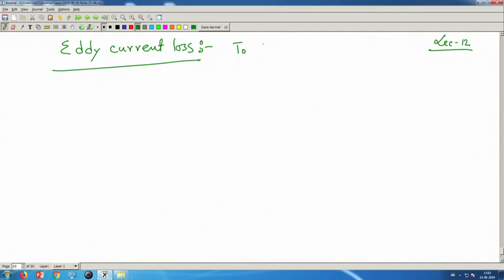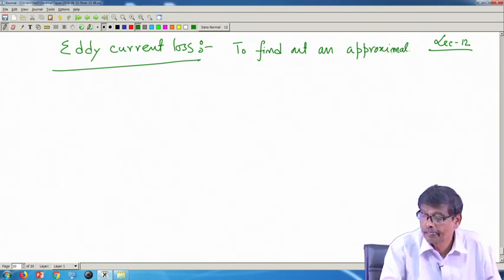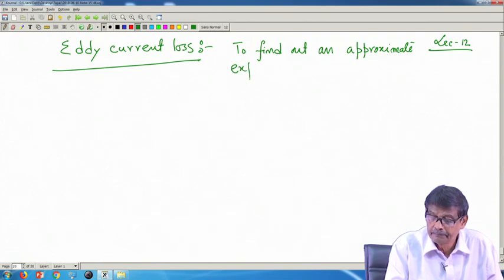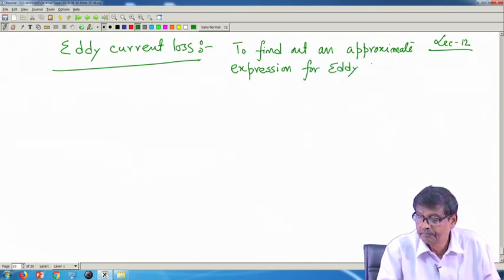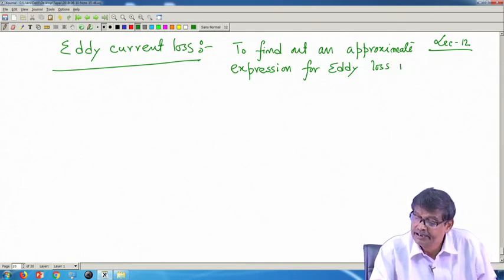Okay. Therefore, in this topic what I am going to do is to find out an approximate expression for eddy loss in a thin plate.